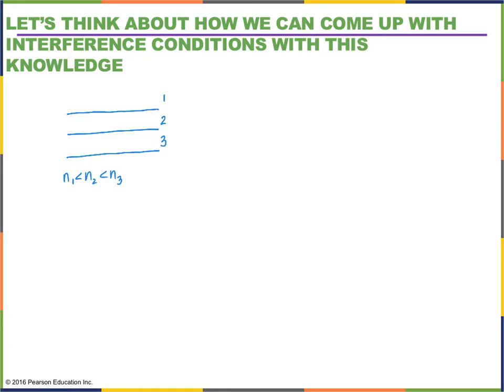Now, one light ray comes into the boundary between material 1 and 2, and some of it is going to reflect off the top. Will that light ray undergo a phase shift? Well, it's reflecting off the surface of a material of higher index of refraction, and so the answer is yes.